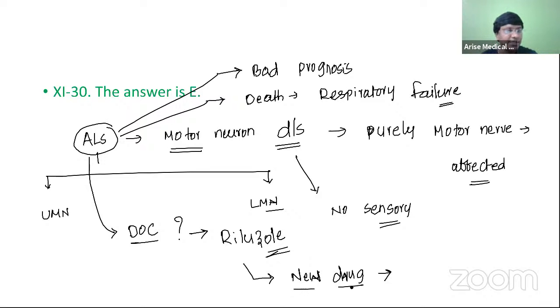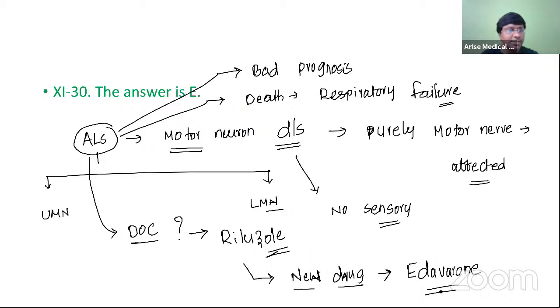So the new drug in case of amyotrophic lateral sclerosis is edaravone. So this is a new drug for the treatment of amyotrophic lateral sclerosis.